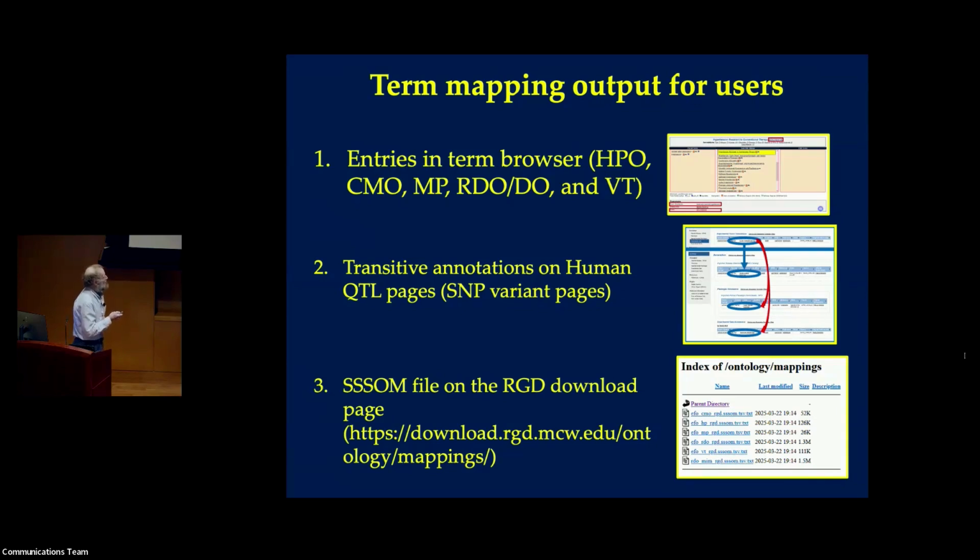Secondly, we made transitive annotations from the human QTL pages, which are those SNPs that came from GWAS.